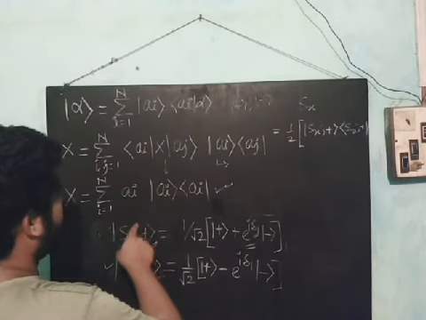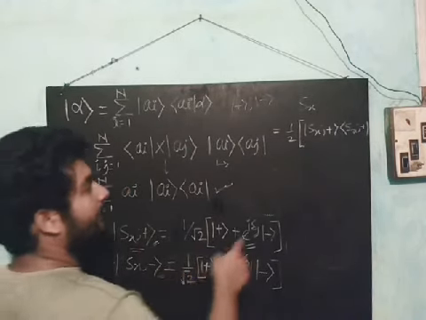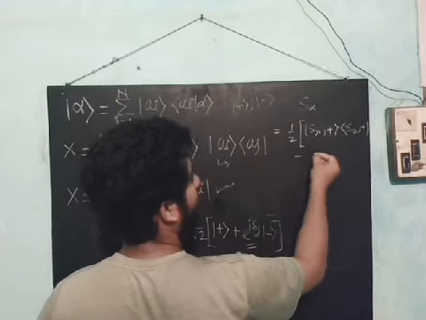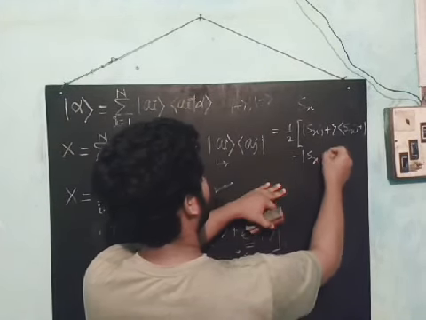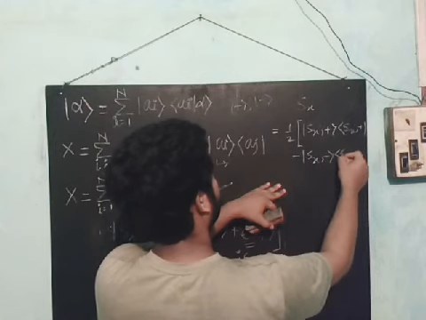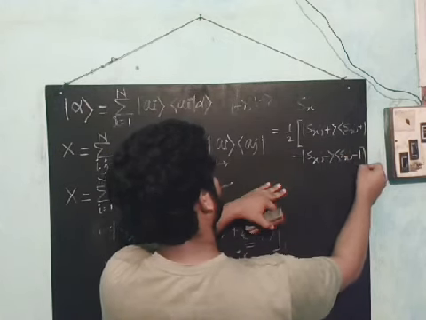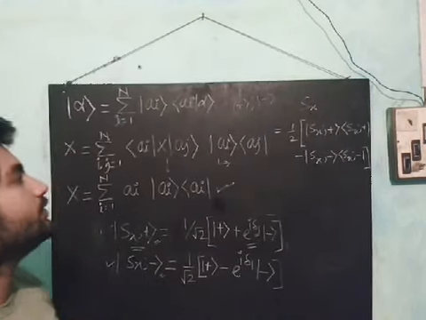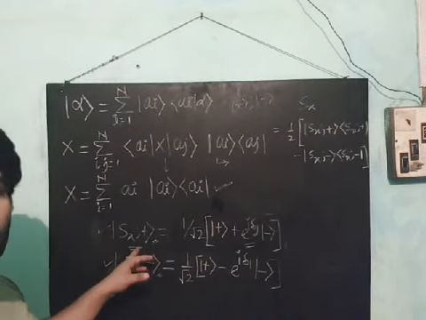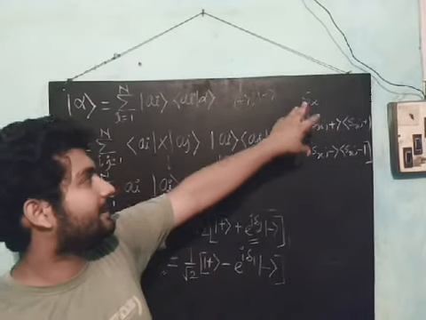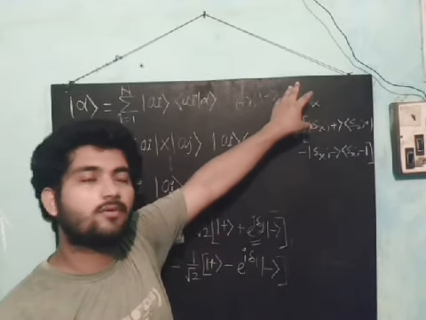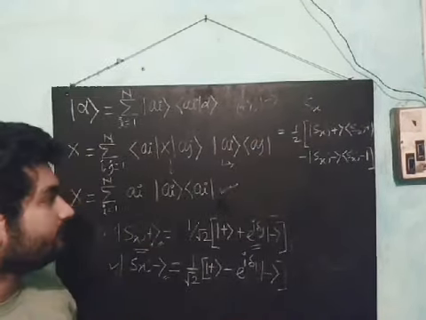And for this thing, Ai will be minus half. So there will be a minus and Sx minus. So by putting the values of Sx positive and Sx negative, I can get the formula for Sx.